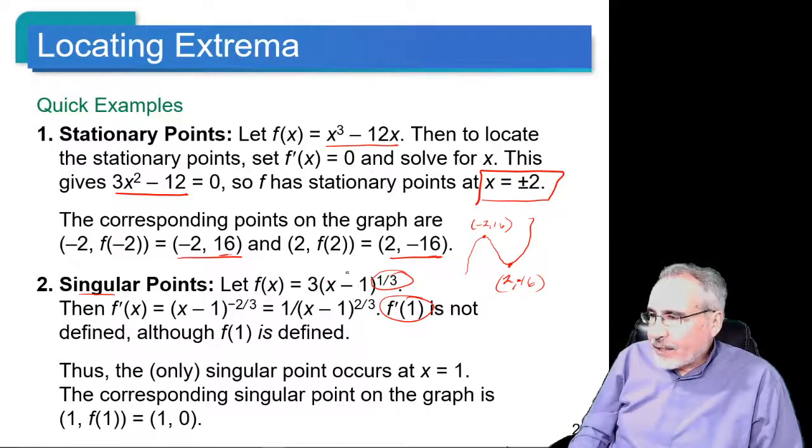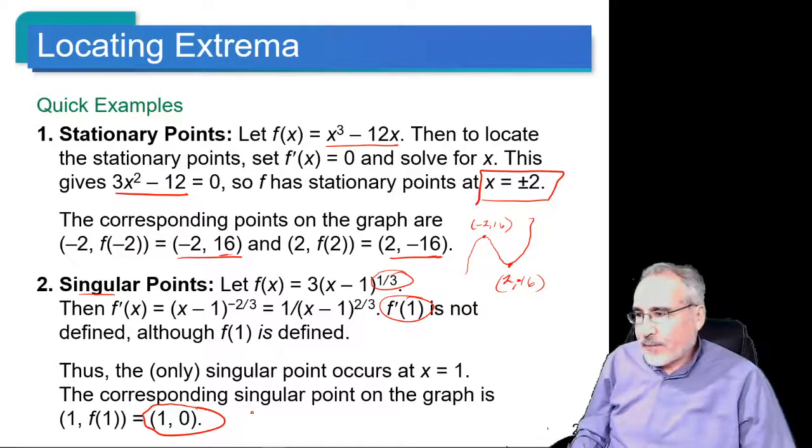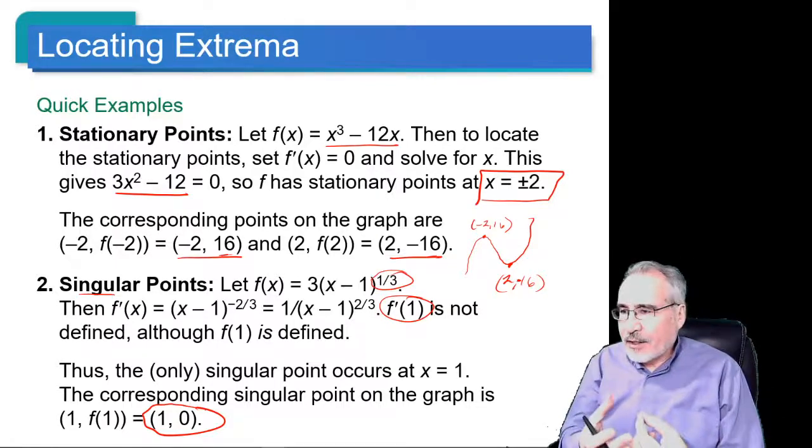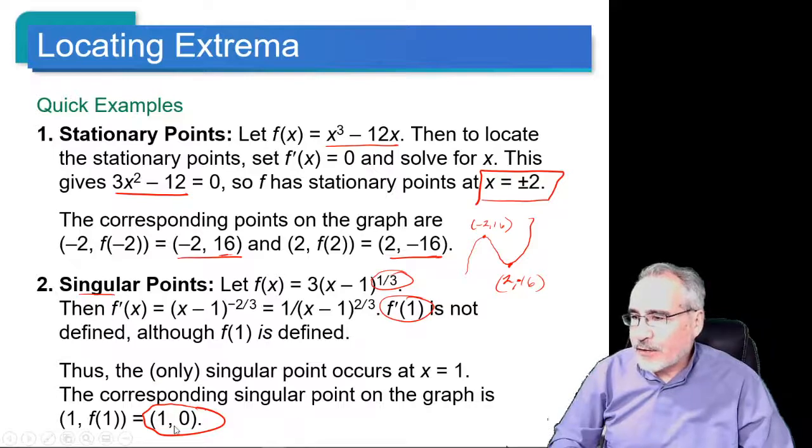So you plug it back into the original function. You can't plug it into the derivative function, it's undefined, but you can plug it into the original function. 1 minus 1 is 0. 0 to the 1/3 power is 0. 0 times 3 is 0. So when you plug in 1, you get a function value of 0. Again, we'd have to look. It's either a minimum or a maximum, but we'll look at a few ways to find that out.